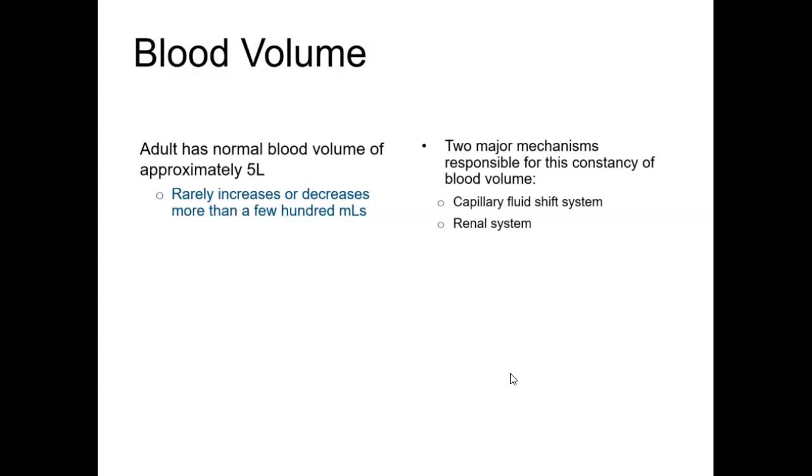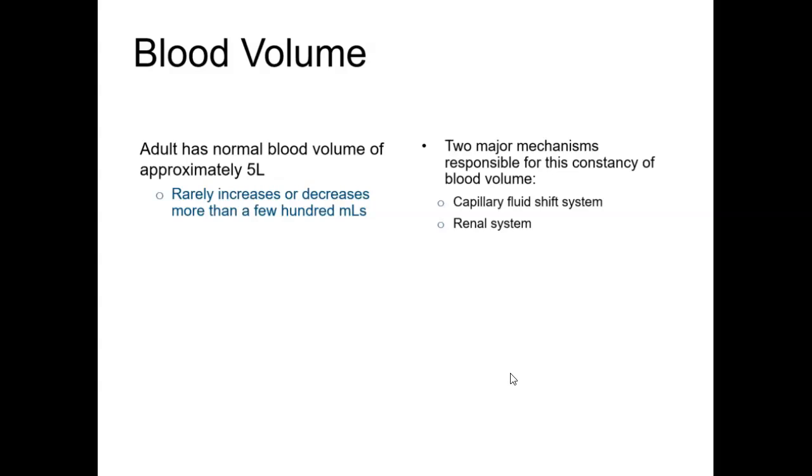So you have this capillary fluid shift where hydrostatic pressure rises in the vessels enough to overcome the forces that are keeping blood in the vessel, and then fluid leaks out into the tissue space. That causes the blood volume to decrease back to normal.